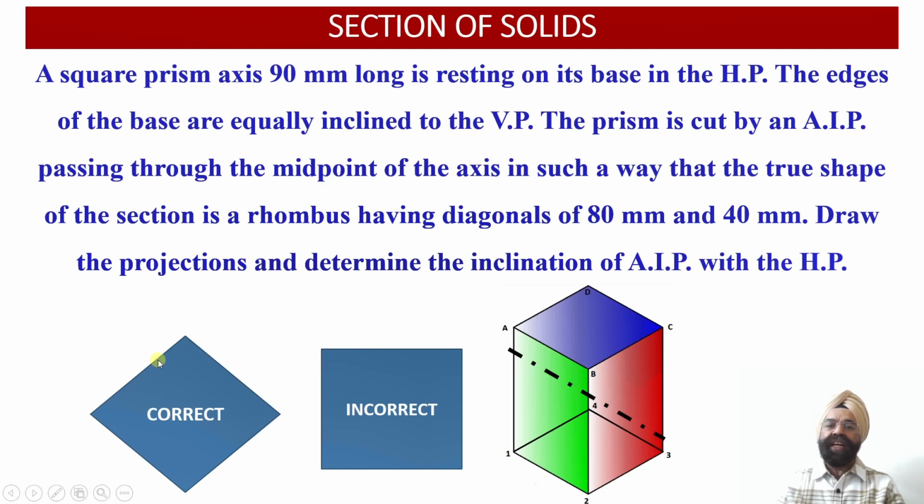We need to understand one thing: since this rhombus will be obtained as a true shape, which will be drawn parallel to this auxiliary inclined plane, one thing is very much evident, that the cutting plane will be parallel to the auxiliary inclined plane onto which this rhombus shape will be obtained, in which the longer diagonal of the rhombus will be equal to 80 millimeter. That is, this longer dimension 80 millimeter will be available over here.